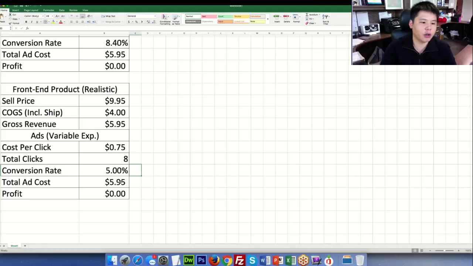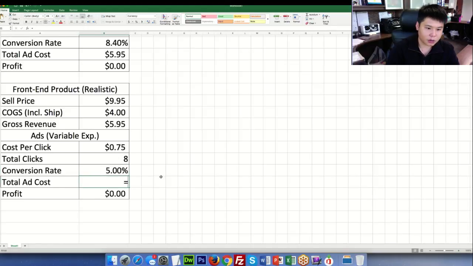So if we look at this number, your costs, okay, so the average is going to be 5%. So if I take this into consideration, at 8 clicks here, that means that I have a 5%.